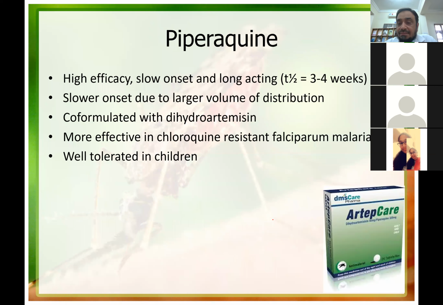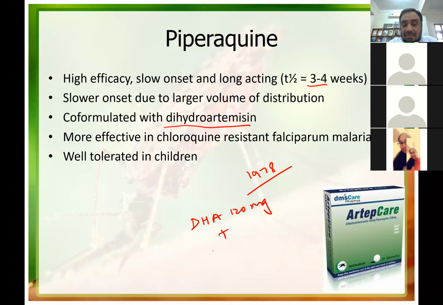Now piperaquine, it is used since 1978 in China in place of chloroquine. This piperaquine is high efficacy, and it has a long duration of action because of its half-life, that is 3 to 4 weeks. And it is also not used as a single drug. It is combined with dihydroartemisinin. So we have dihydroartemisinin 120 milligram.